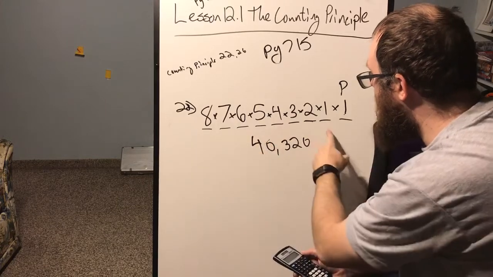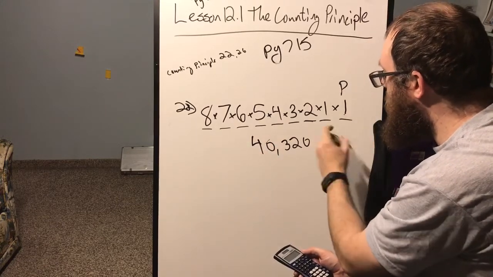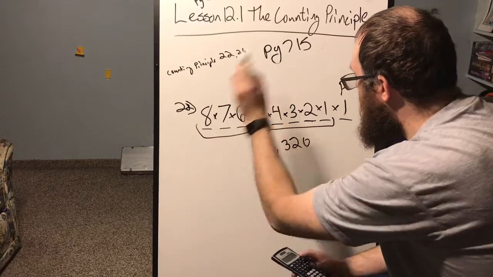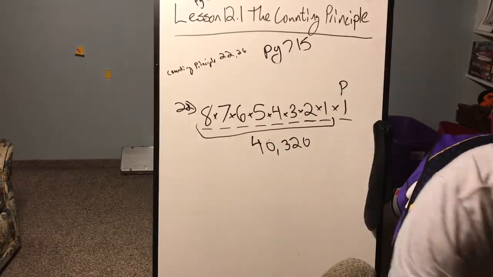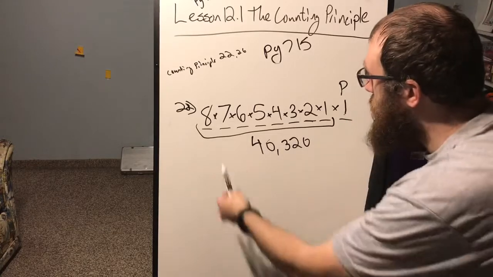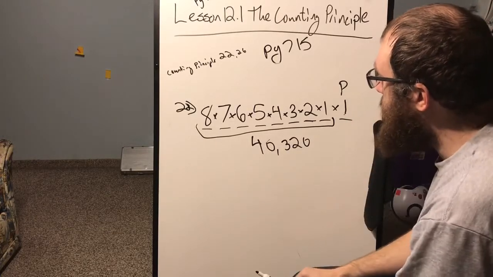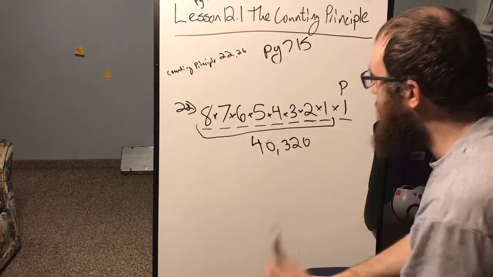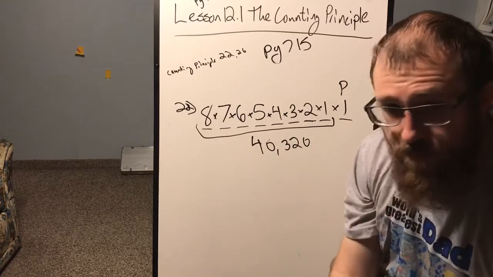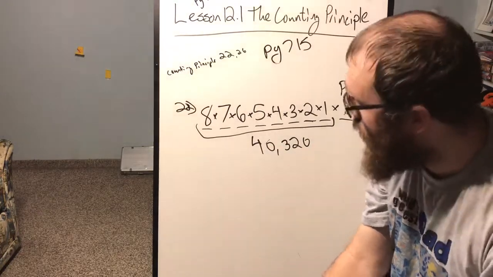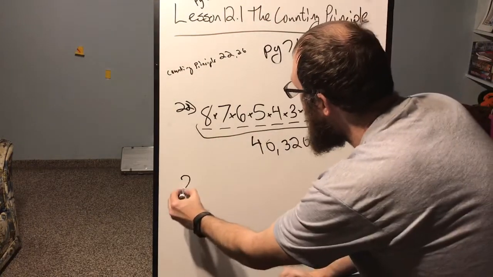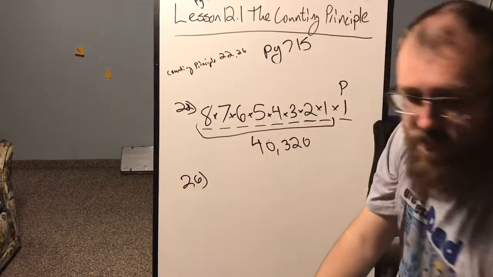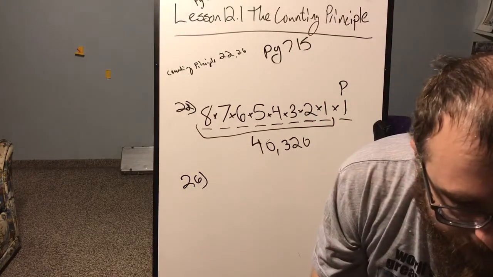This would be 8 factorial times 1, because this is the numbers 8 down to 1 multiplied together. So you could use a factorial to calculate it if you wanted to, or just multiply it out. So I have 8 times 7 times 6 times 5 times 4 times 3 times 2 times 1. We're going to see a lot of these factorial patterns in the upcoming problems throughout the rest of this chapter. So keep your eyes out for them.